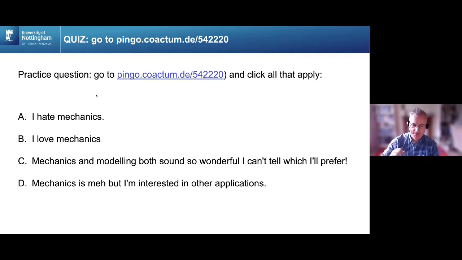Okay, great. So we've had some responses to that, and I'm really happy to know that at least no one hates mechanics. So that's a really good start.